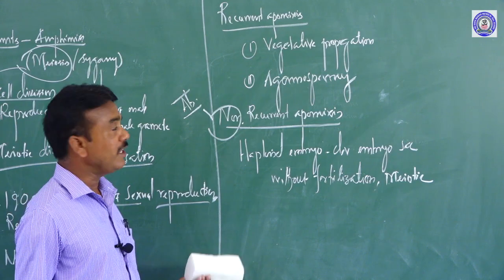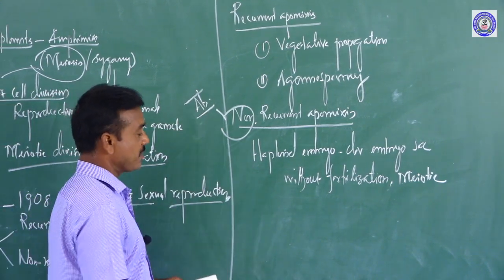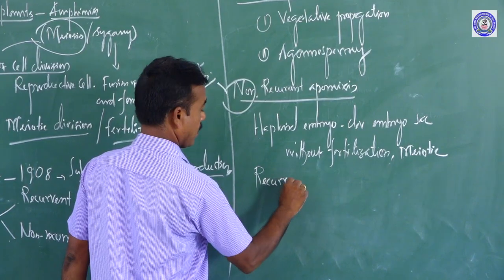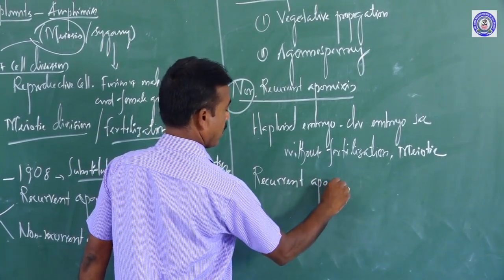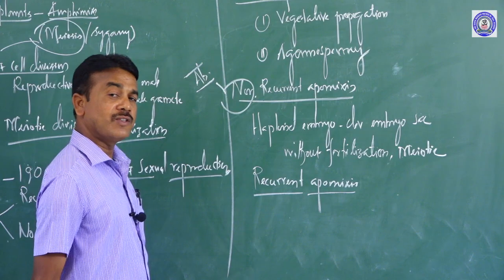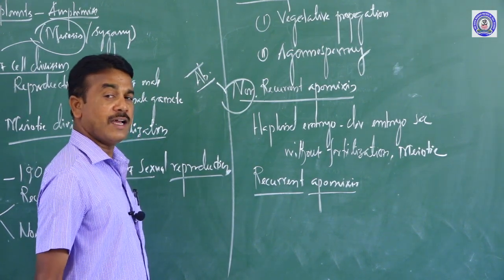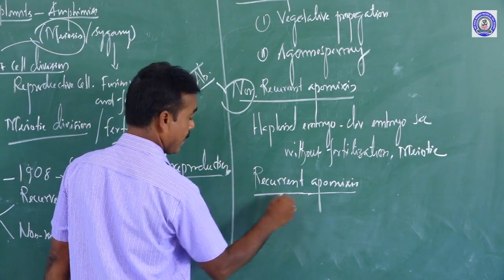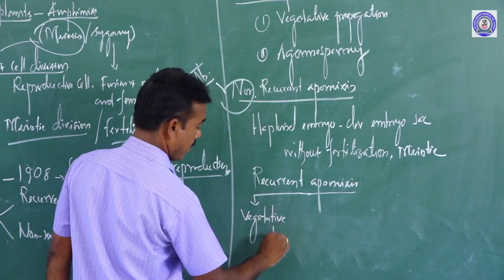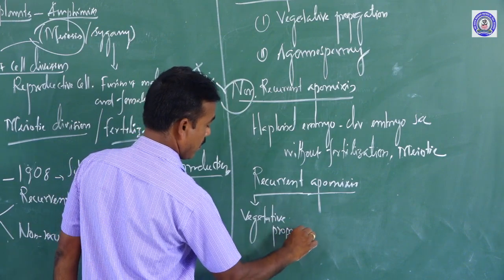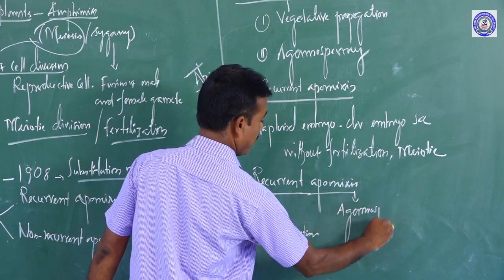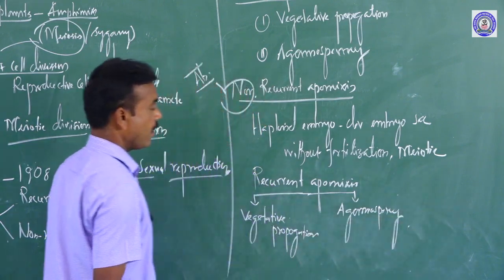Let me go on to a detailed explanation of recurrent apomixis. Recurrent apomixis generally occurs in vegetative propagation as well as agamospermy.